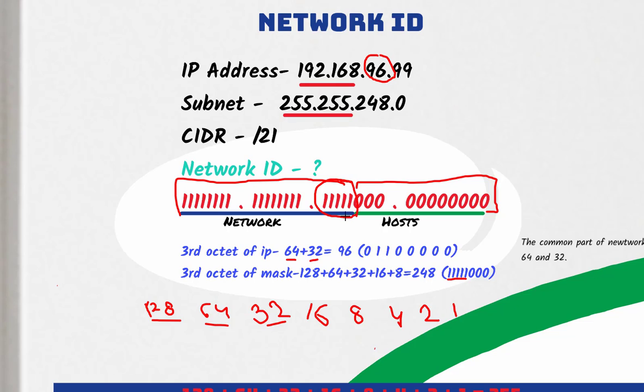In the third octet, within these 5 bits, what is the common part for the third octet of the IP address? The second and third. Second means 64 and third means 32.